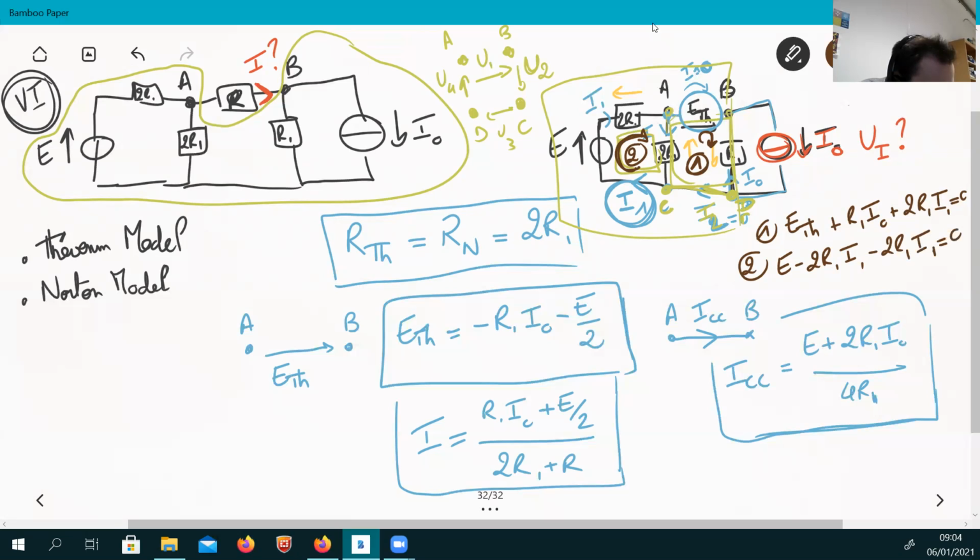Still okay with this equation too? Yes. Okay, so you realize that from equation number 2, you get directly the value of I1, which is E over 4R1, that you re-inject in this equation to get the value of ETH.